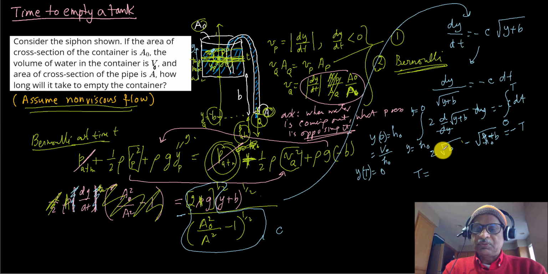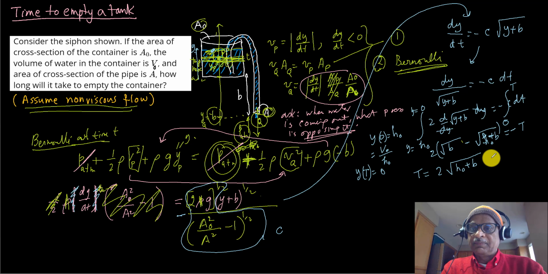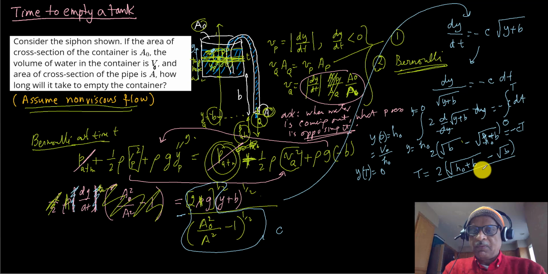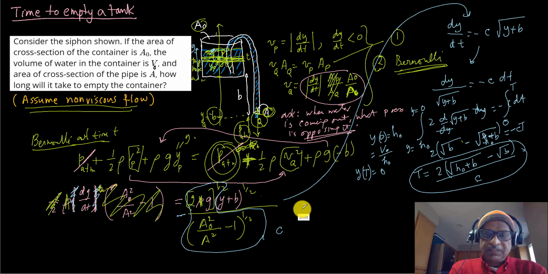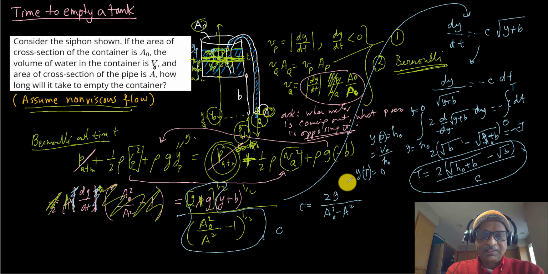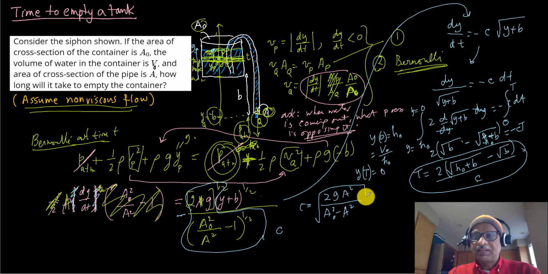So t is equal to 2 times the square root of h0 plus B, minus the square root of B, over C. C is this whole thing: C is the square root of 2g over (A0 squared minus A squared) times A squared. So that's the answer.